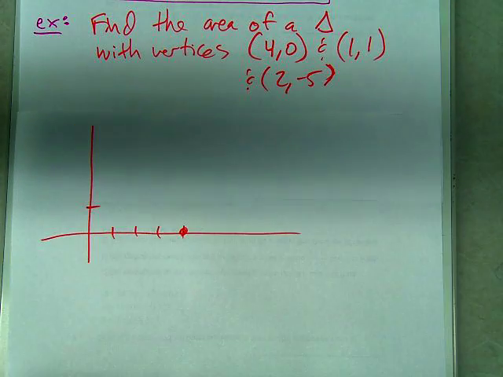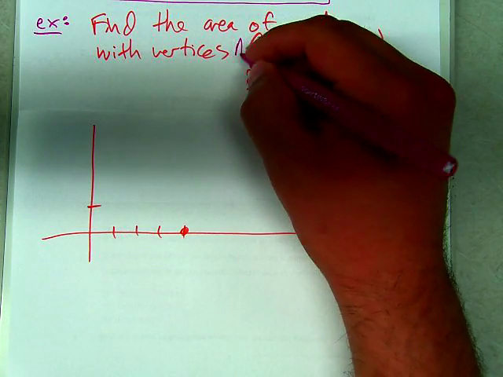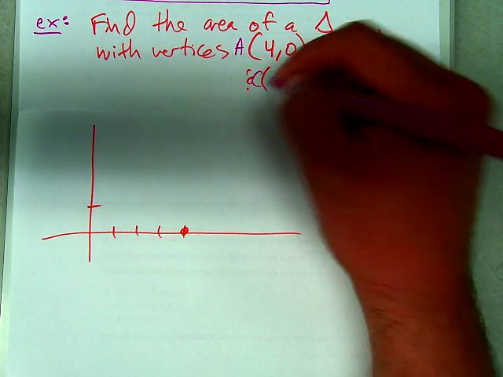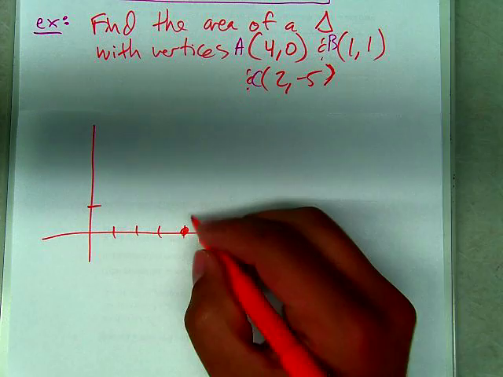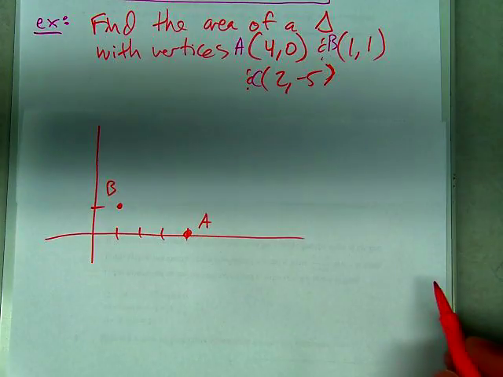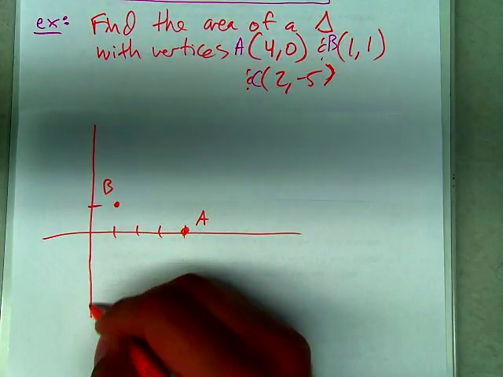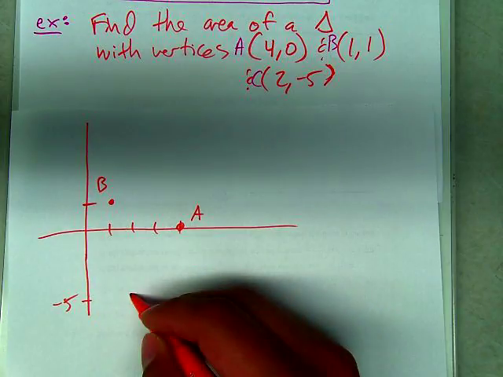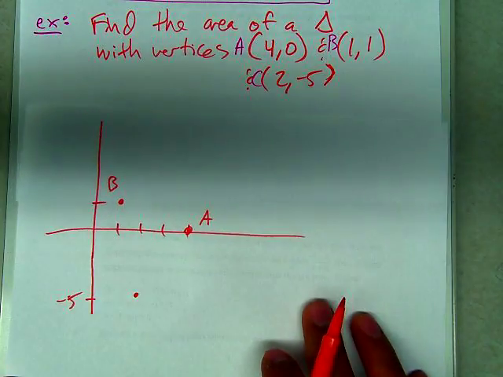To make things a little easier, I'm going to call these A, B, C. So this is where A is, B will be here, C is at 2, and then -5, so somewhere right around there.